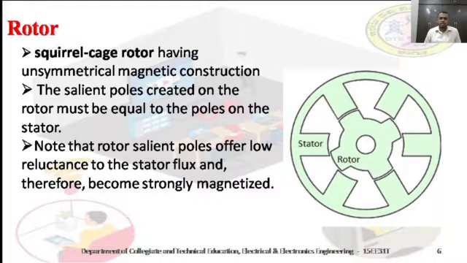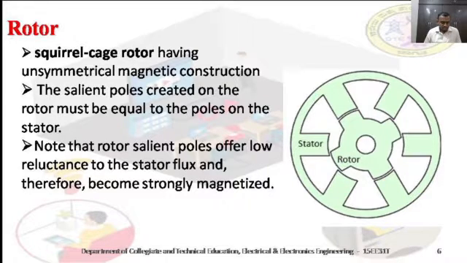Another one is that the rotor salient poles offer low reluctance to the stator flux. So the rotor is rotating. It's a pole, obviously. The rotor has magnetic poles. It offers low reluctance to the stator flux and therefore becomes strongly magnetized.